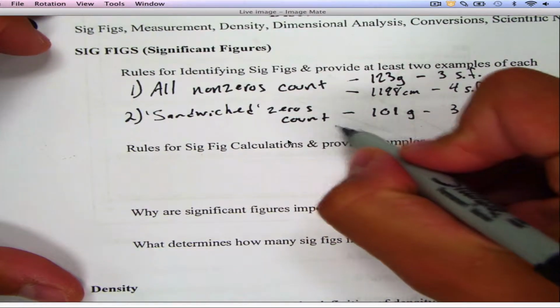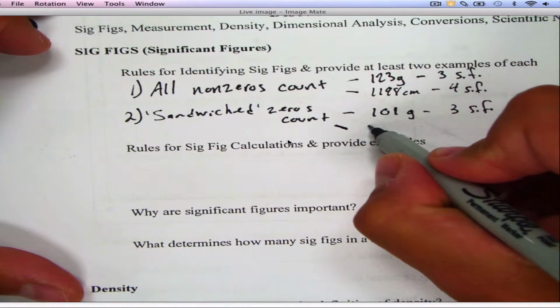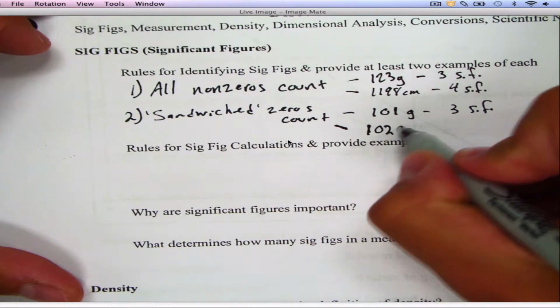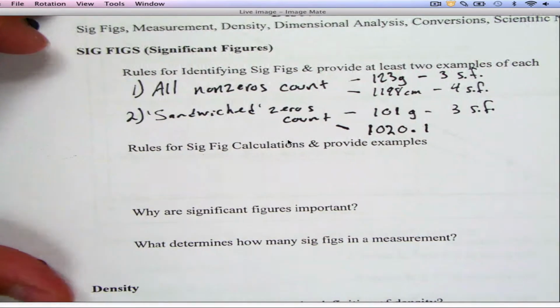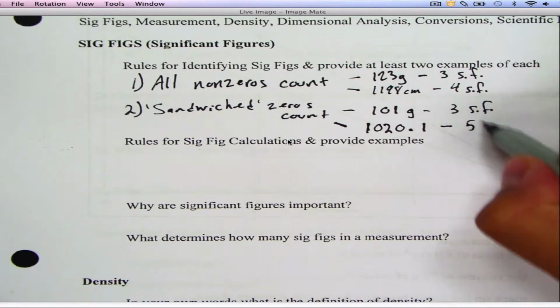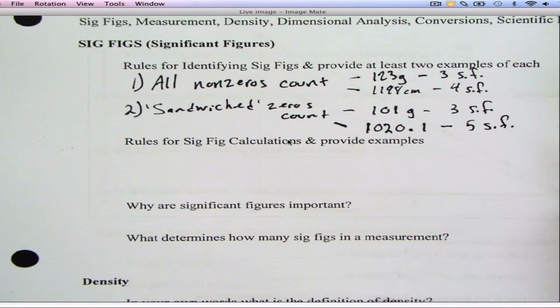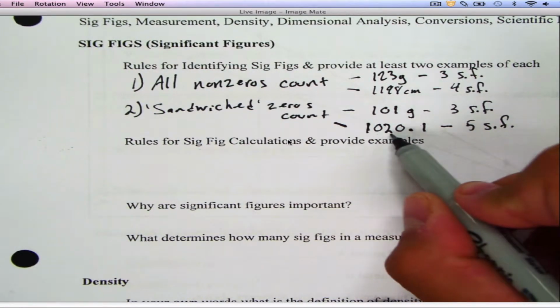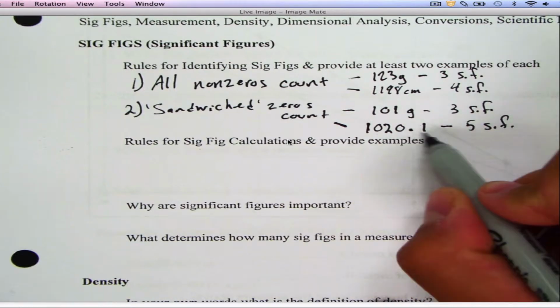Another example would be something like, say, 1,020.1. This one would be 5 significant figures because we have a 1, a 2, and a sandwiched 0 here in between the 1 and the 2. And we have a sandwiched 0 between the other 2 and the 1.